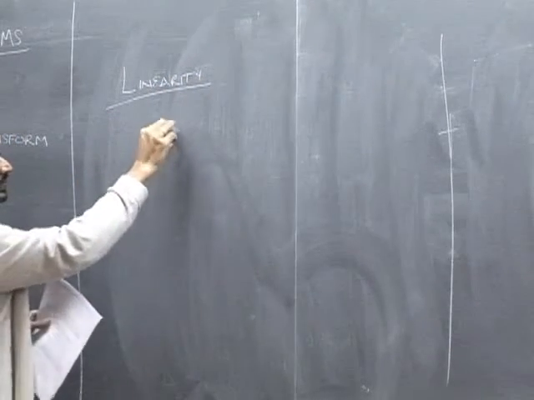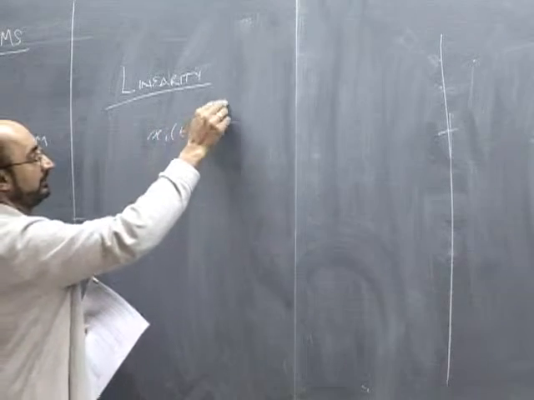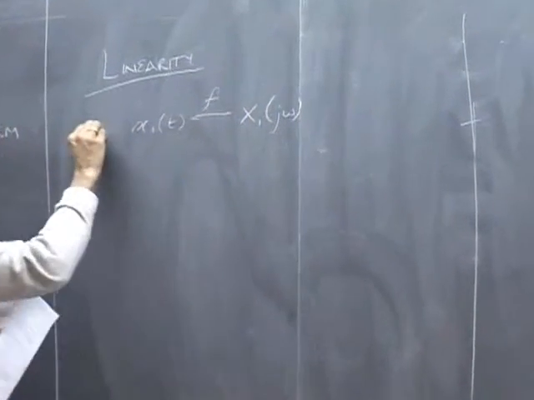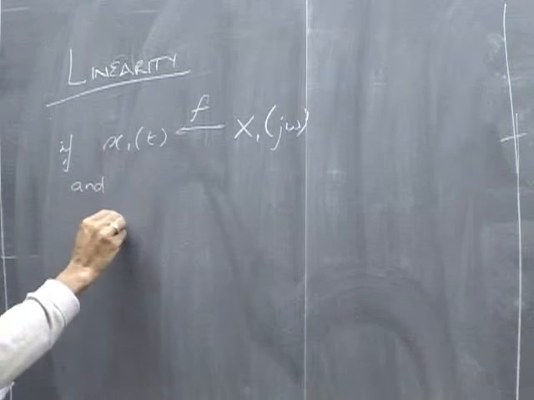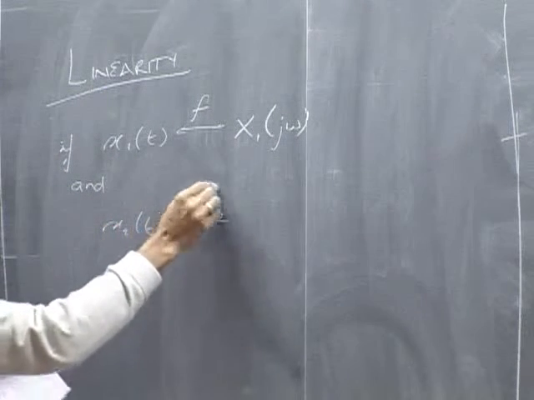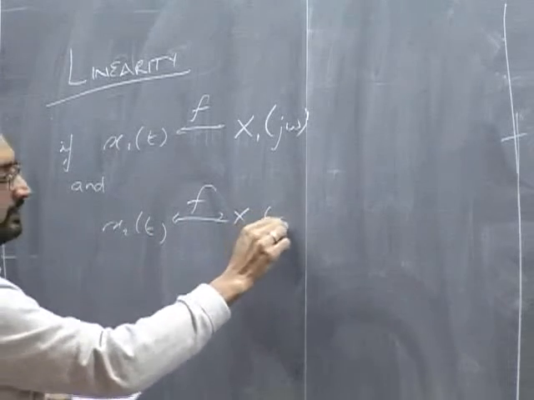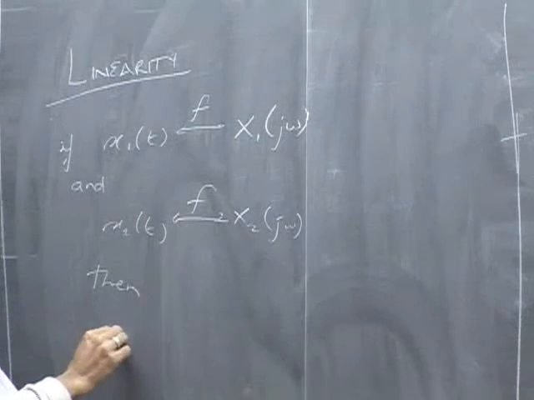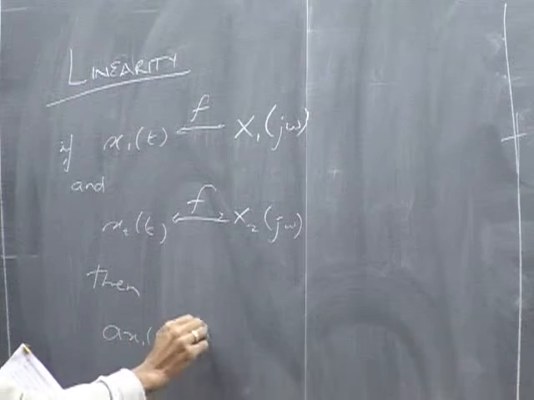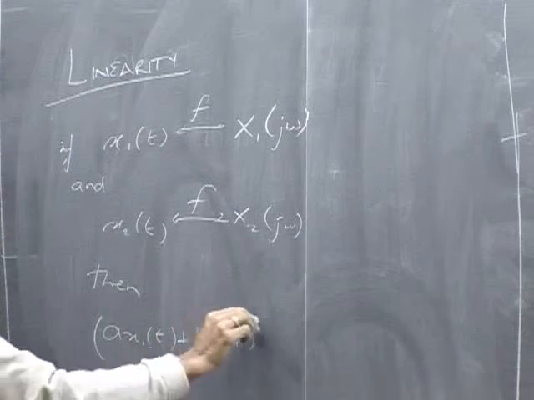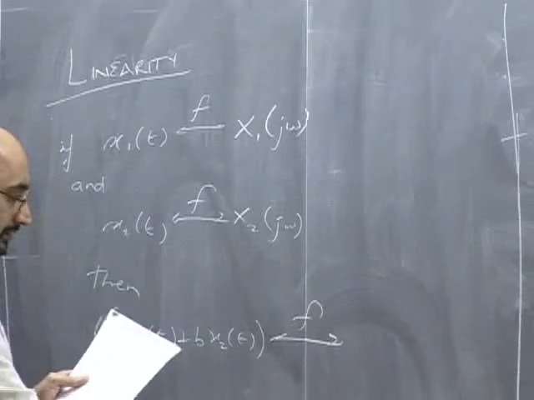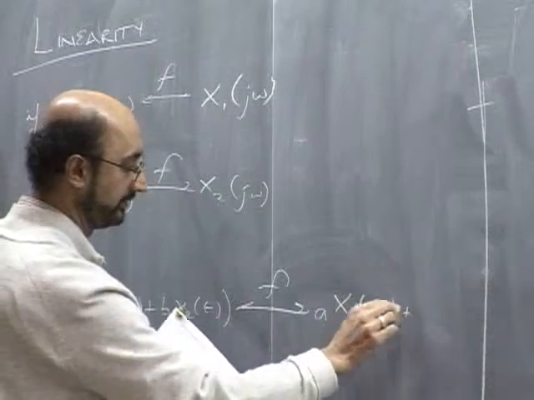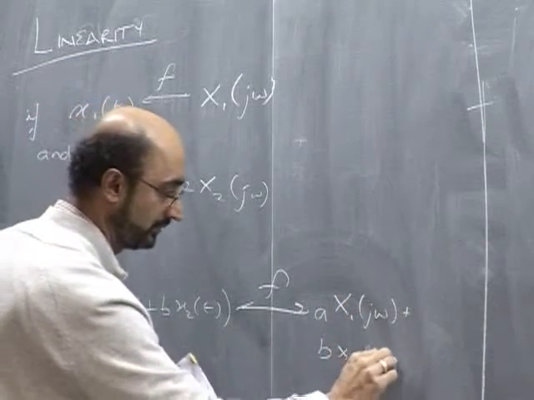So we say that if x1 of t has a Fourier transform of X1 of j omega, and x2 of t has a Fourier transform X2 of j omega, then a x1 of t plus b x2 of t has a Fourier transform of a X1 of j omega plus b X2 of j omega.